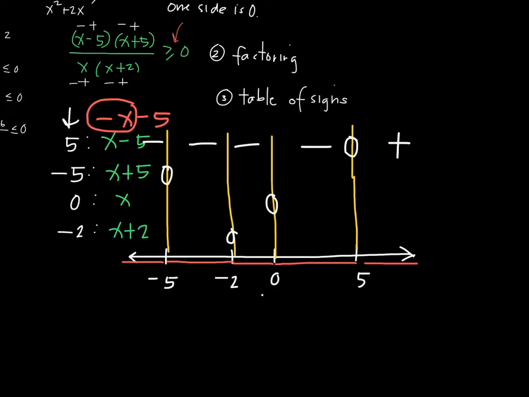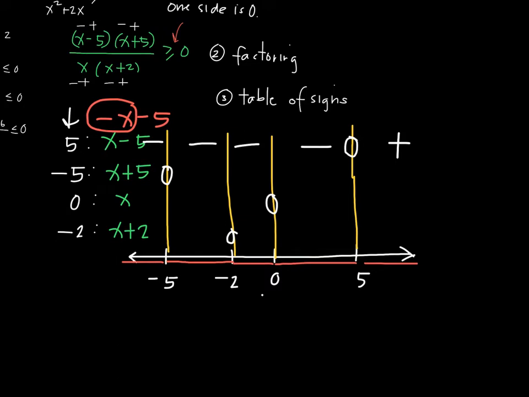Now, doing the same process to all the other factors, we have x plus 5 will be 0 at negative 5. So that means the first sign is negative. Sorry, we don't have enough space. Let's use a white ink.